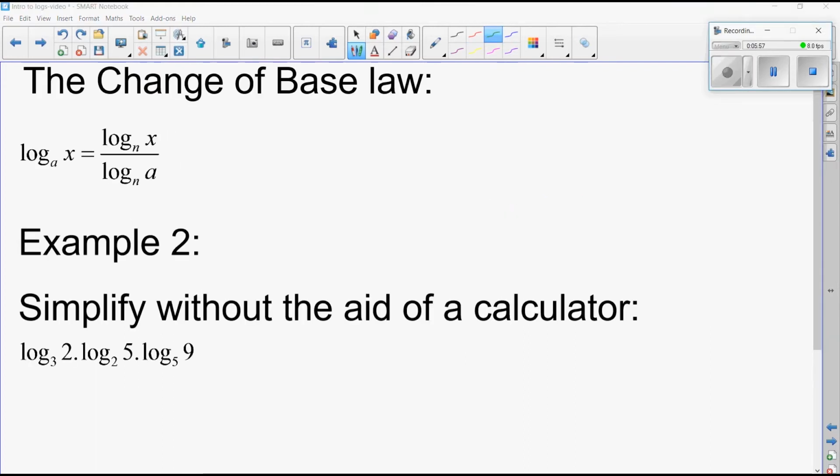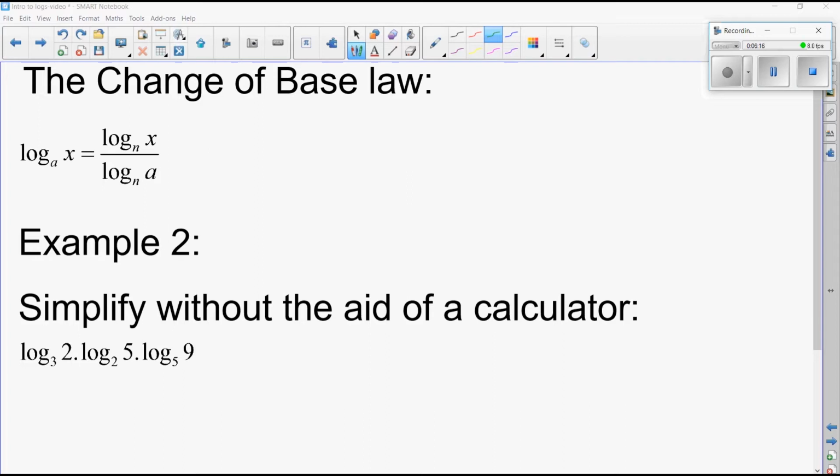So we're applying the change of base law in our second example, because once again we are asked to simplify without the aid of a calculator. We have log of 2 to base 3 multiplied by log of 5 to base 2 multiplied by log of 9 to base 5. So I have 3 different bases.